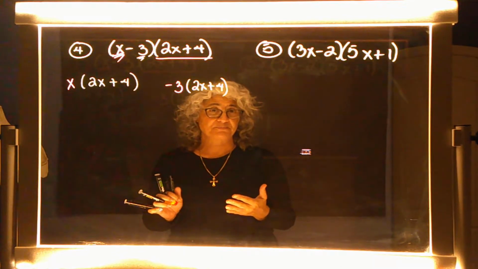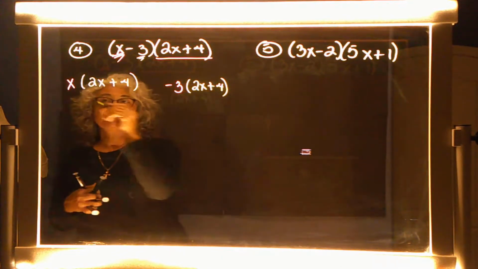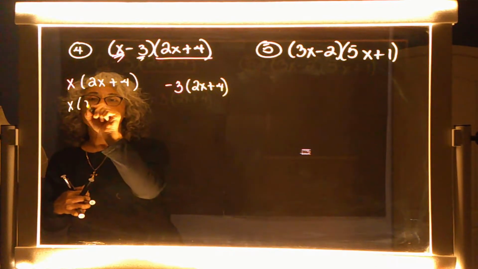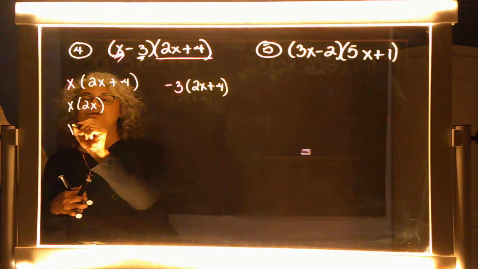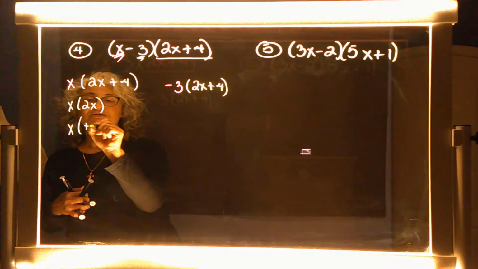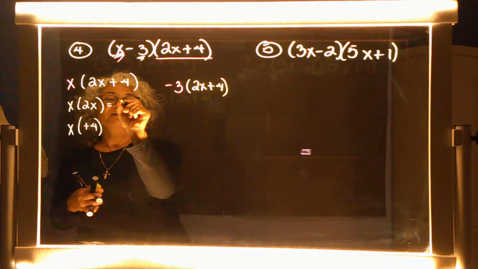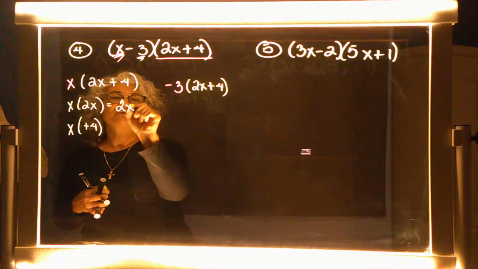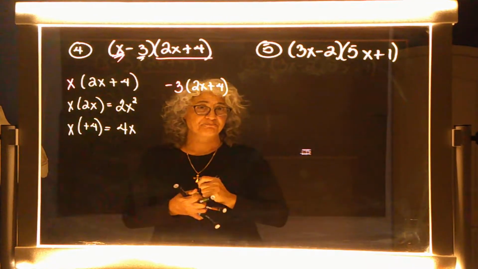Are you with me? Okay, so let's go to this first distribution. I'm going to do the x times the 2x plus 4, the 2x, right? And then I'm going to do the x times the positive 4, aren't I? And when I do this distribution, I'm going to get, good, 2x squared, and then a positive 4x. Agreed?